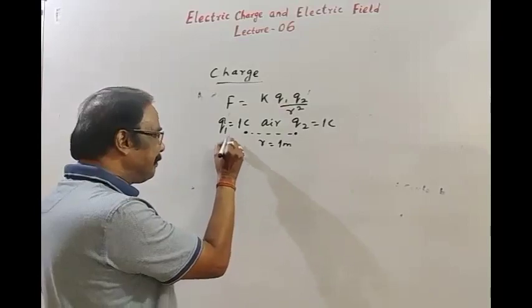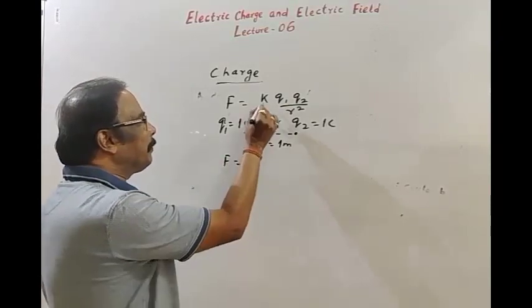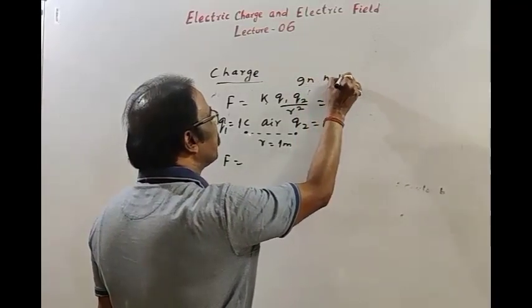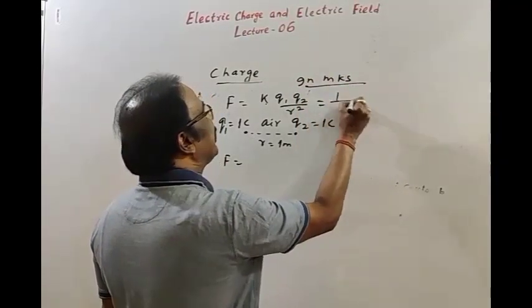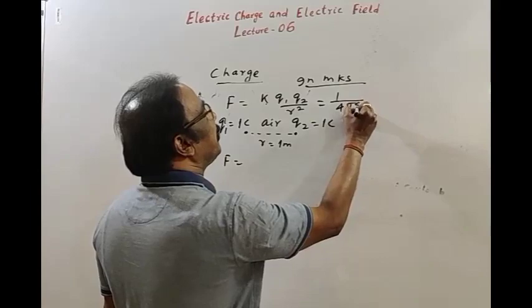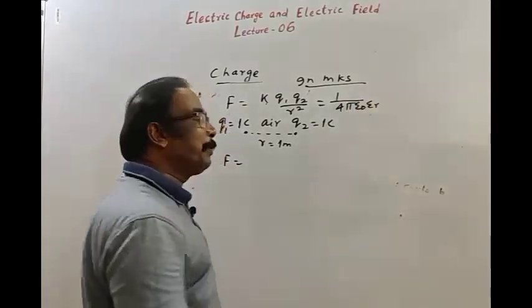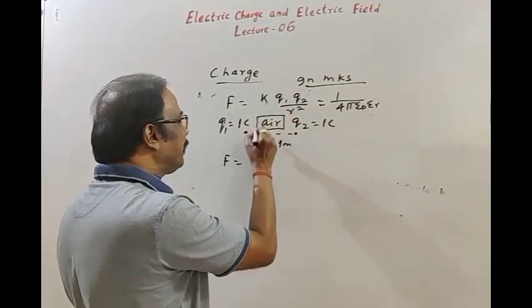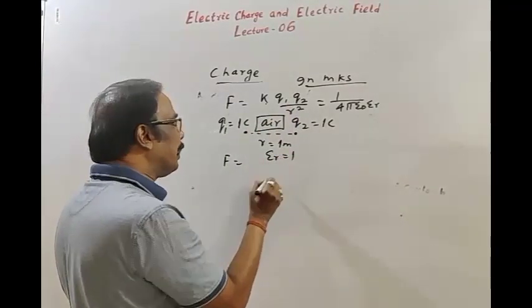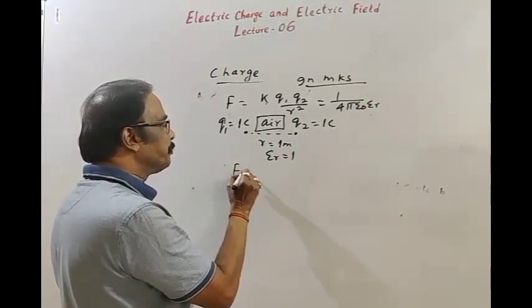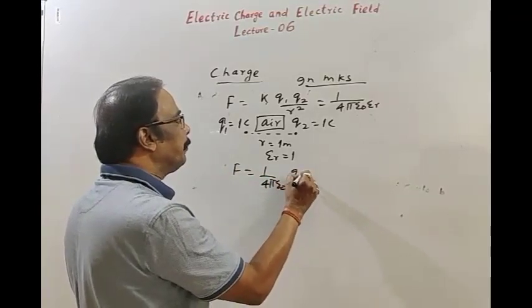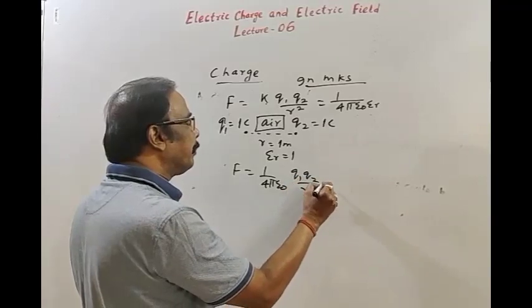Okay. Then the force between them is equal to K. K we are taking in MKS case or in SI. K is 1 divided by 4 pi epsilon 0 into epsilon r. In air medium, epsilon r is 1 and force is 1 by 4 pi epsilon 0 Q1 Q2 divided by r square.